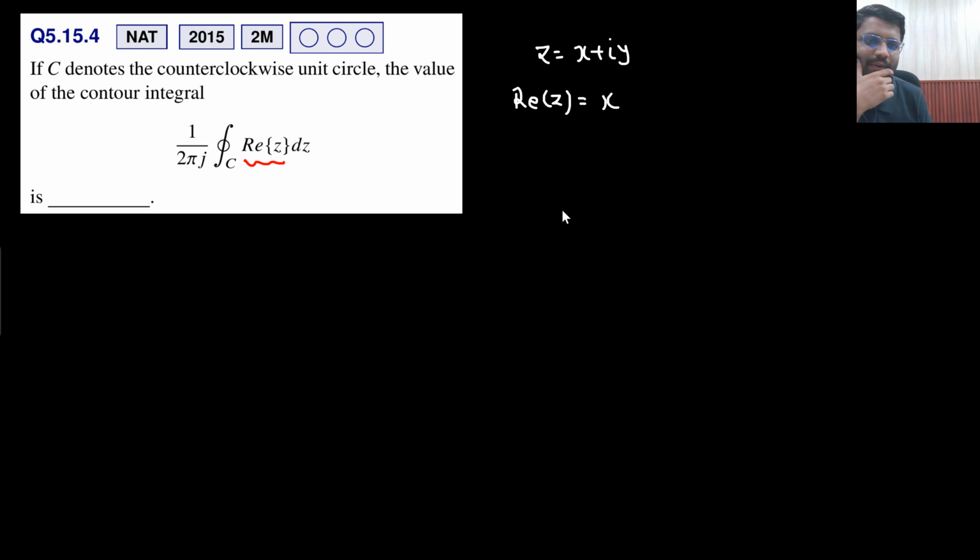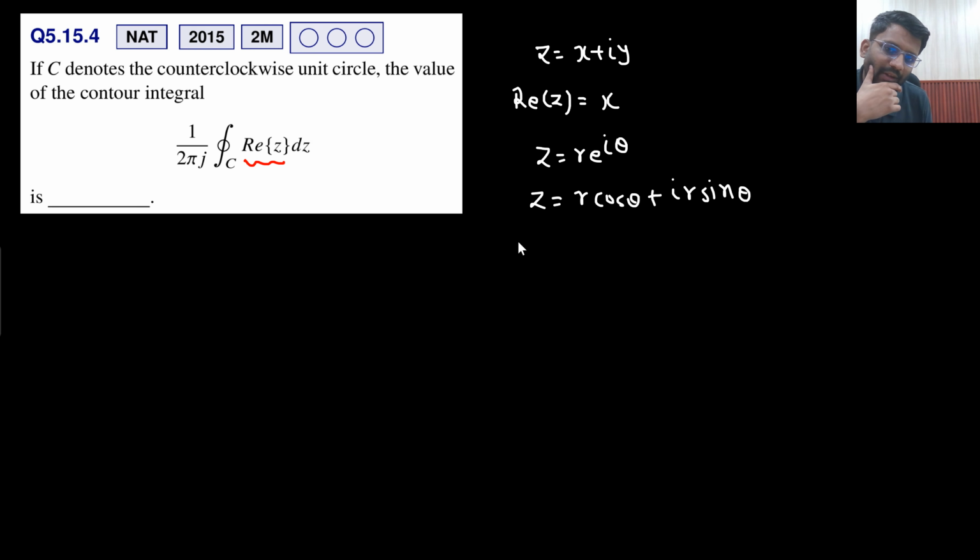Say yes or no? Or if you say my z is r e to the power iota theta, then what will be the real part of z? So z could be written as r cos theta plus iota r sin theta. So your real part of z would be nothing but r cos theta. Now what is our contour? Contour is mod of z equals 1.